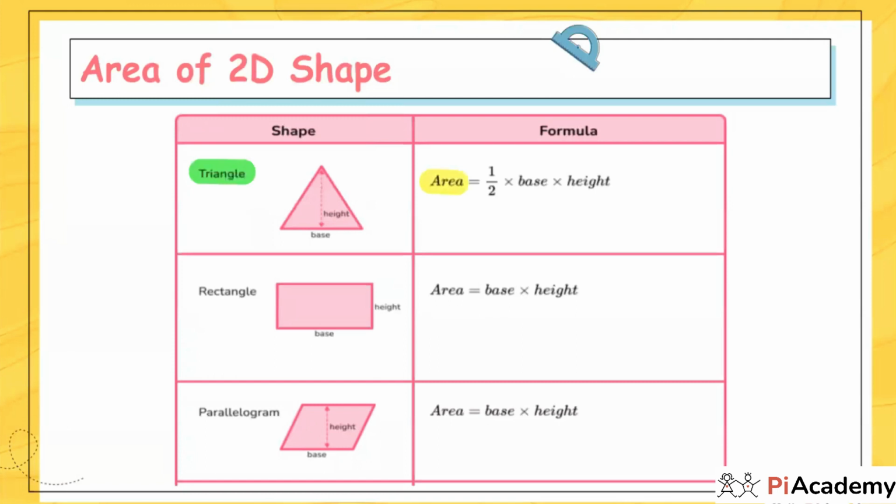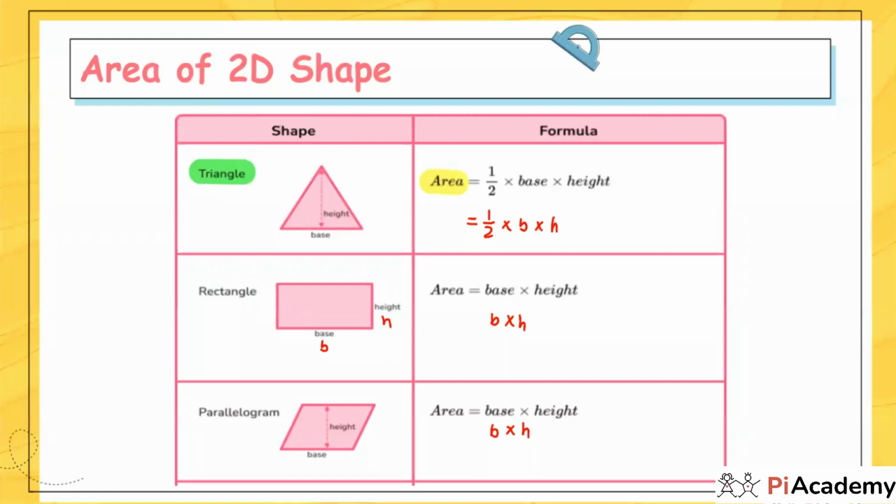We have the same formula for rectangle and parallelogram, base times height. So up to now we have seen three shapes. First the triangle, for which we have half base into height. For rectangle we have base times height, and for parallelogram we have the same, base times height.